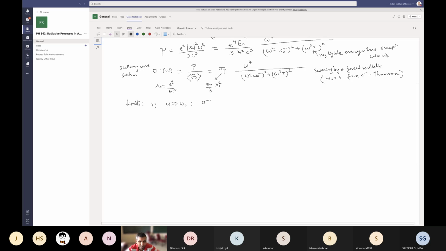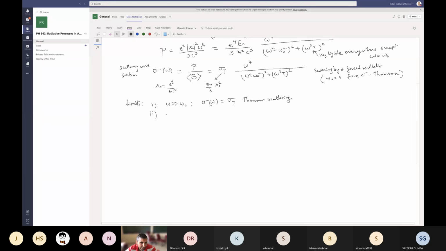In that case, sigma omega is basically sigma t, which is just Thomson scattering. The scattering cross section is independent of frequency.